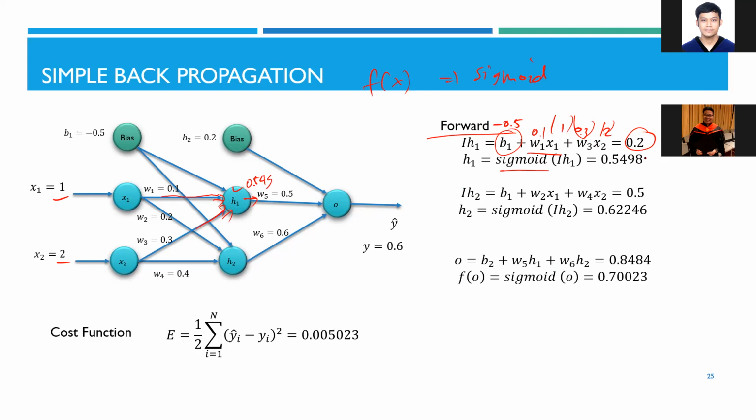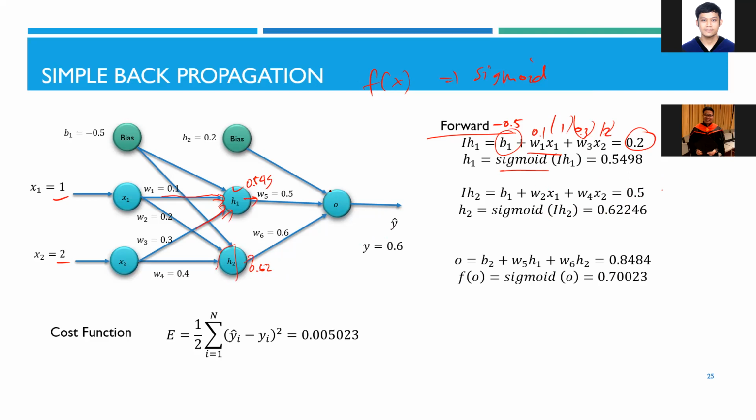Then we do the same thing for the second node. We sum all the inputs and the result is 0.5, and for the output we also use the sigmoid function, so the output is 0.62.